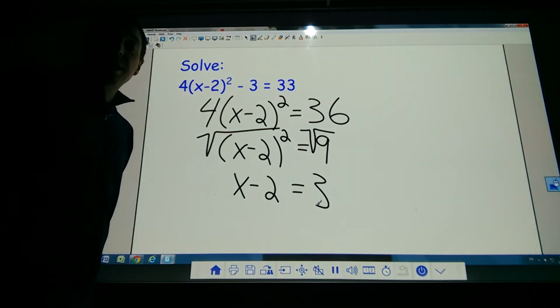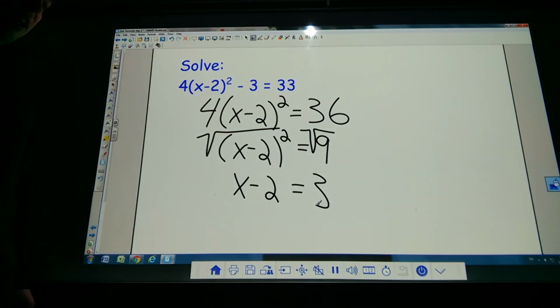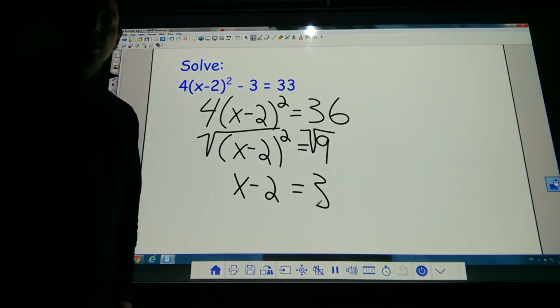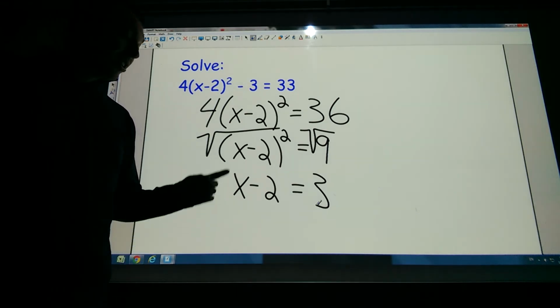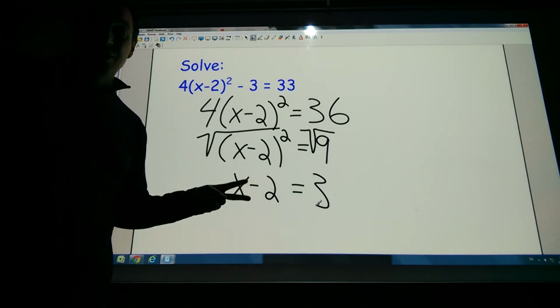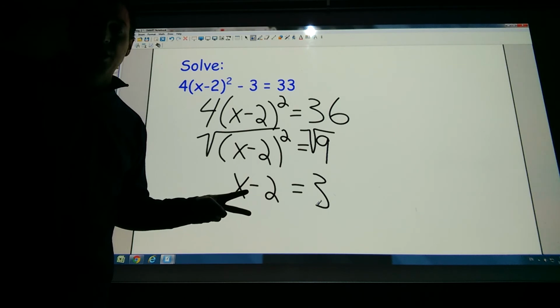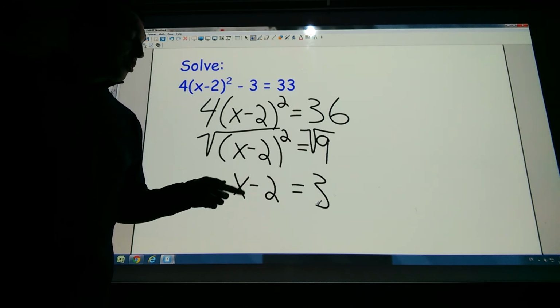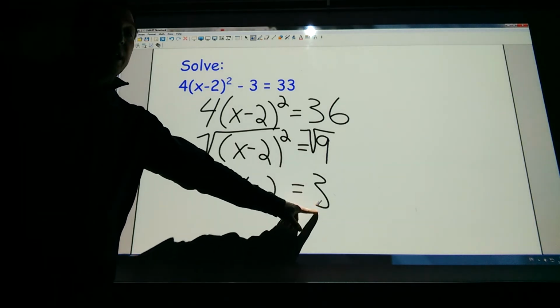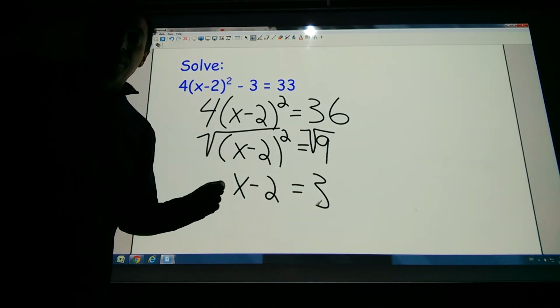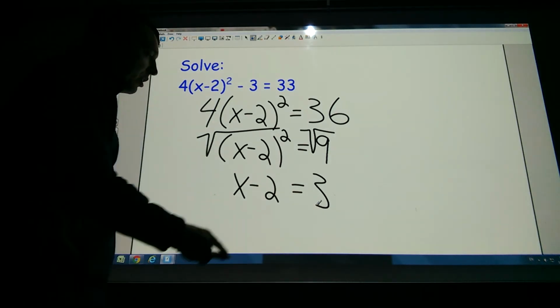And now I'm getting crazy. Okay? We're going to see it from time to time. What's the square root of 9? Mr. Mack, it's 3. You're right. But there is another answer. There's actually 2 answers when you take a square root. 3 times 3 is 9. That's right. But negative 3 times negative 3 is also 9.